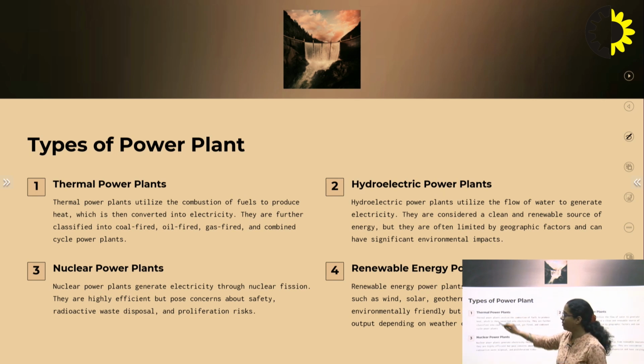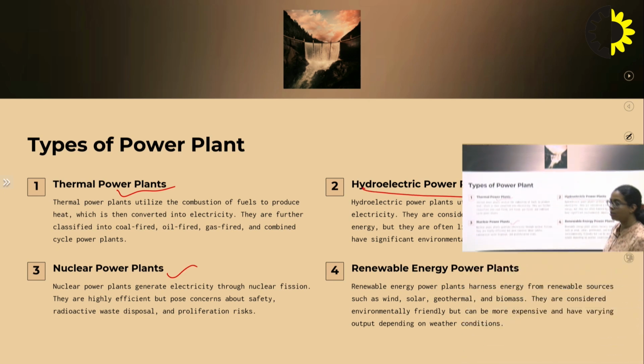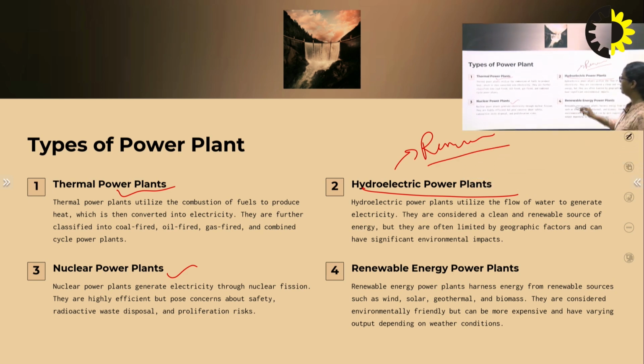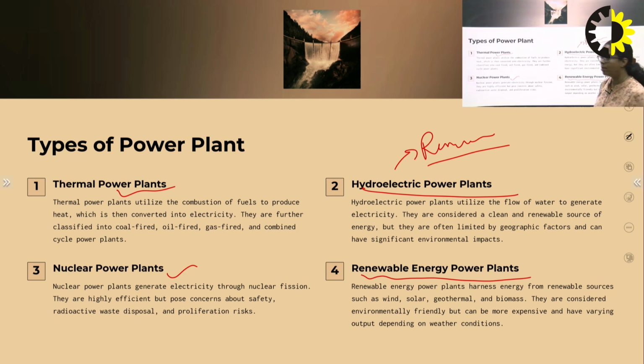In types of power plants, one is the thermal power plant and the nuclear power plant that we have covered. Another one is the renewable energy power plant. In the case of hydroelectric power plants, water is used to produce electricity. We will cover all of these power plants one by one.